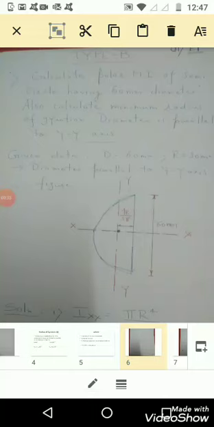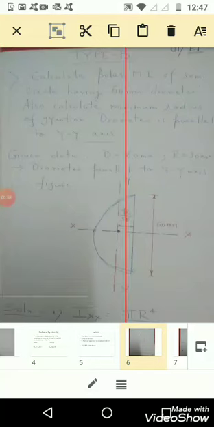Now please note that sometimes the diagram would be given, sometimes it won't be given. So you have to draw it on your own. They gave the hint that the diameter is parallel to y-axis. So the base has to be vertical. So that is how we get this diagram. The base is vertical and we have a semicircle.